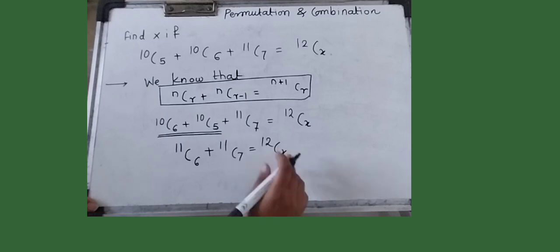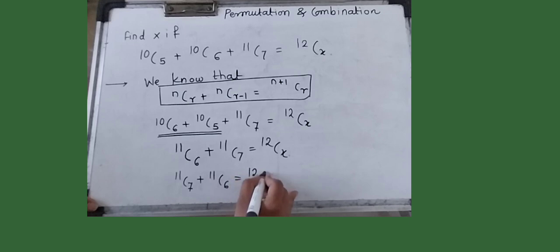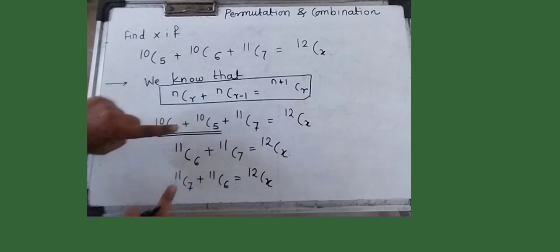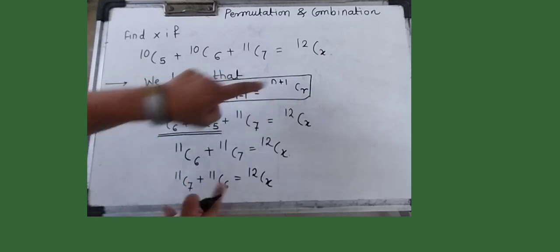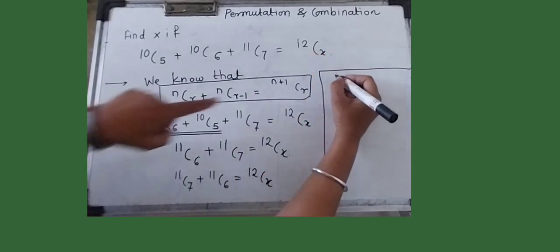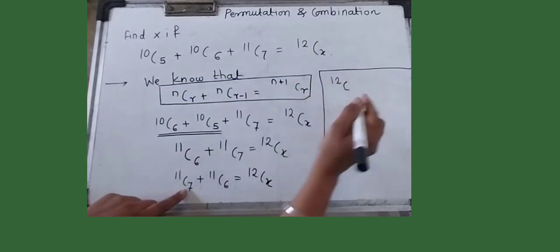Getting or not? Comment me. Now apply the rule here. See, I write first the bigger number: 11C7 plus 11C6 equal to 12Cx. See, 11, 11, 7, 7 minus 1. Clear? n plus 1 means what? 12Cr, where r is 7.